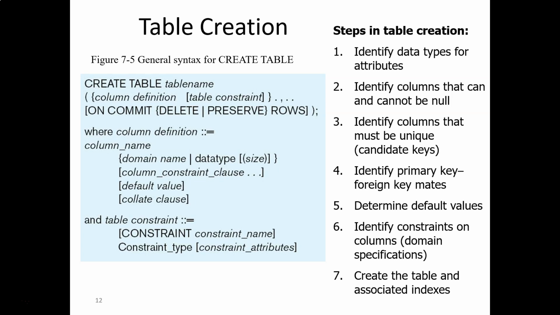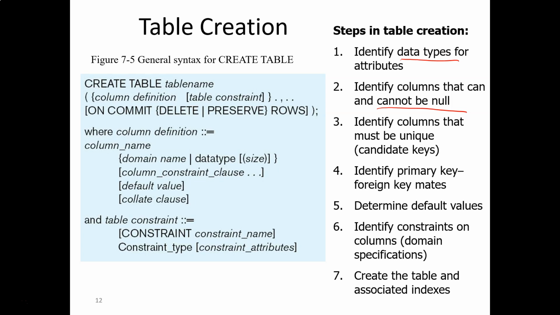You should follow the steps listed here to compose the create table command. First, you need to identify the appropriate data types for the attributes, and then determine which attributes cannot have no value. This allows the database management system to check the validity of the values inserted into these tables.